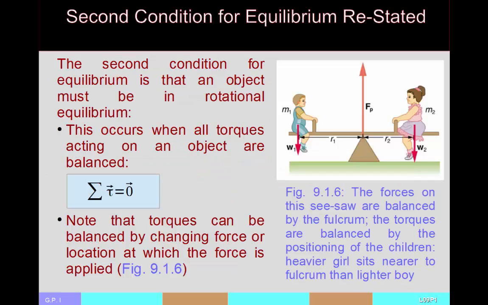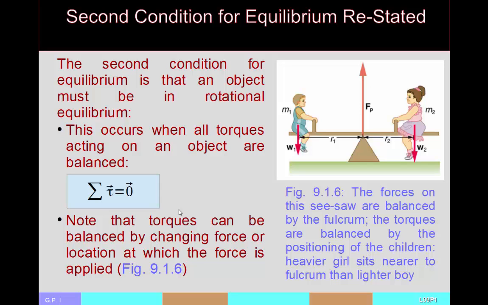So if we wanted to restate this second condition for equilibrium, we might state it as that when you add all the torques together on an object, they must also be balanced. So the vector sum of torques should also give you 0. And if you want to change the torque on an object, you can change basically one of three things ultimately.